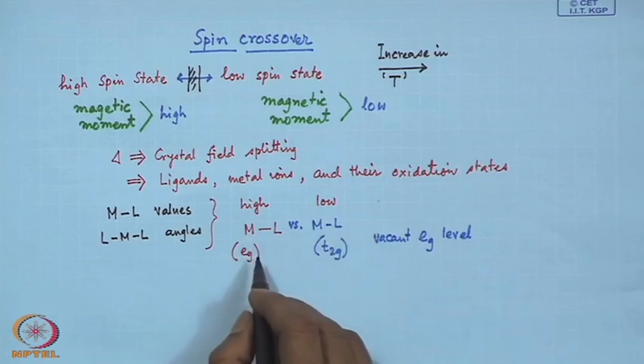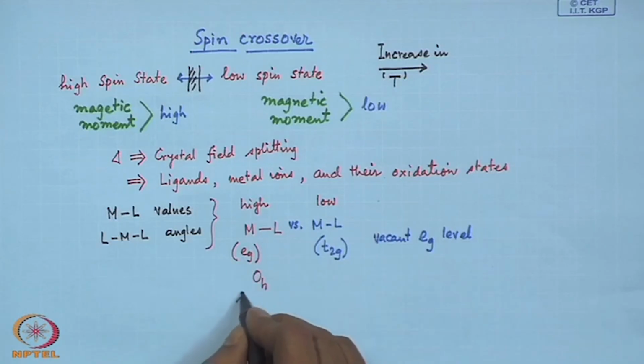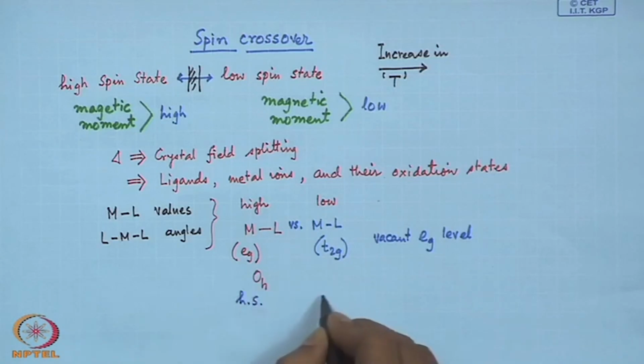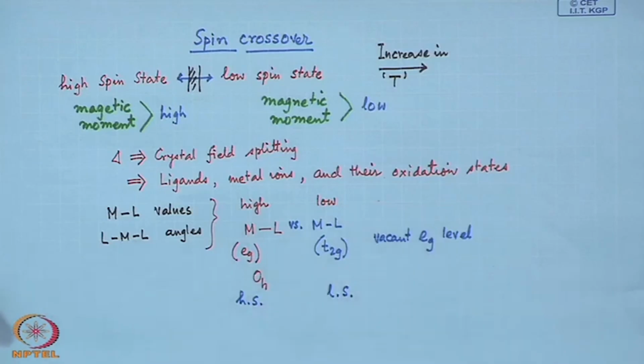So the electronic configuration in eg level is for the high spin complex, and this is for the low spin complex, as we all know. So the X-ray structural data nicely explain the two situations where we can have the high spin compound as well as the low spin compound.